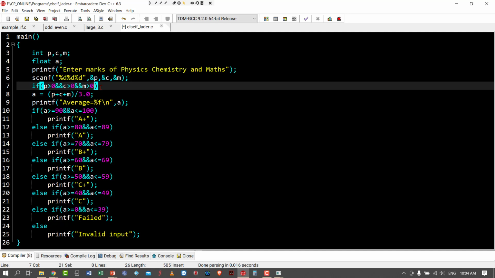Another possibility is also there. If someone enters marks 100, 150 and another 50, that one is also incorrect: 100 plus 150 is 250, 250 plus 50 is 300. So we have to write a much stricter condition. Actually it is greater than or equal to 0.